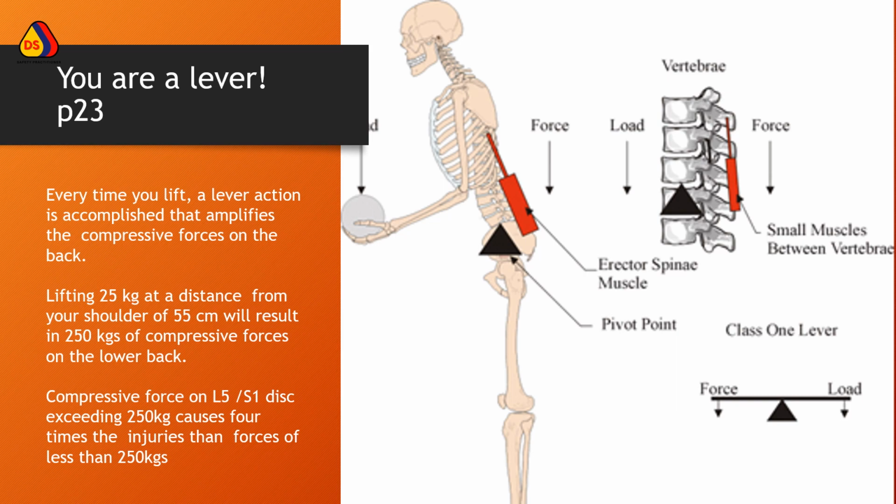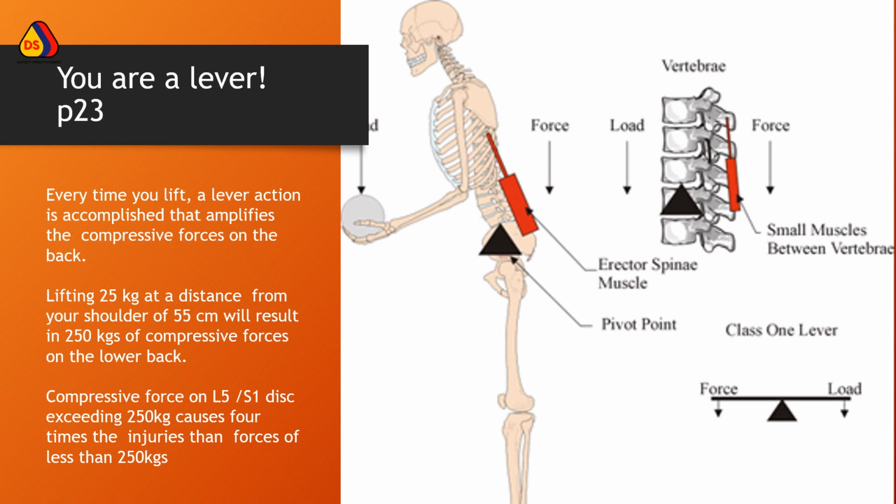When the compressive force on this disc exceeds 250 kgs, it greatly increases the risk of injury, such as herniated disc or other spinal injuries. The 4 times the injuries suggests that the likelihood of injury significantly increases when the threshold is crossed.